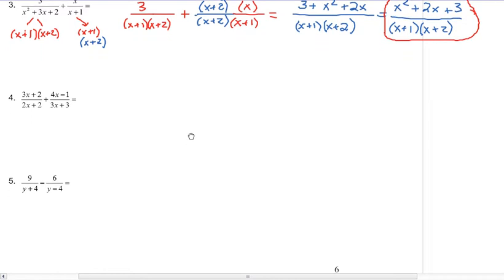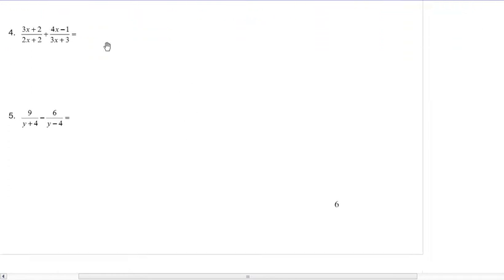Number 4 will probably be the last one that we do. The bottom of each, I'll help you simplify it. 2x plus 2 you can factor into 2 times x plus 1. 3x plus 3 you can factor into 3 times x plus 1.